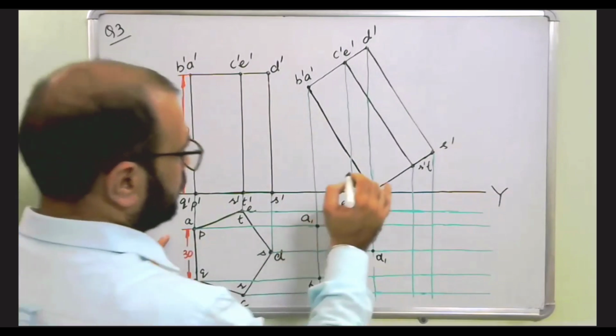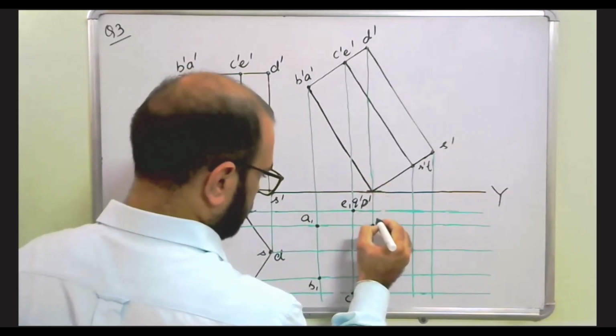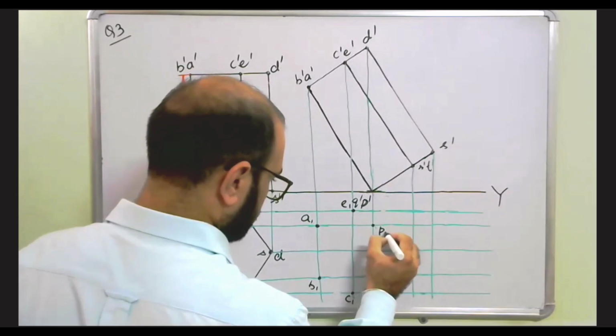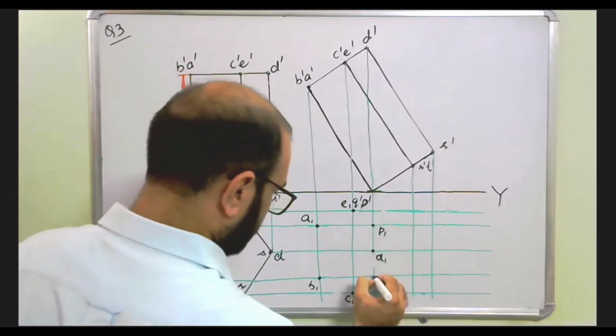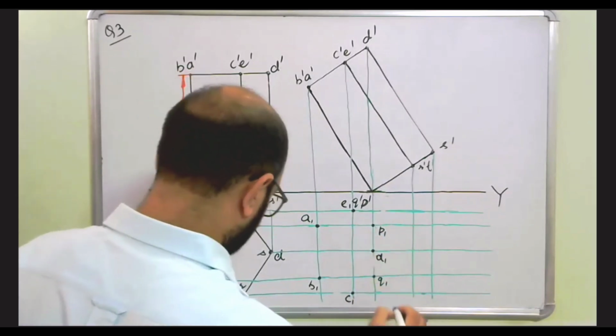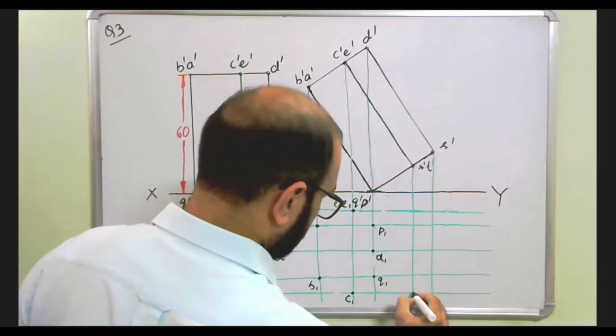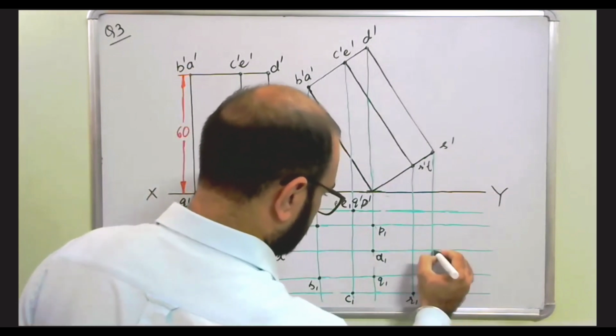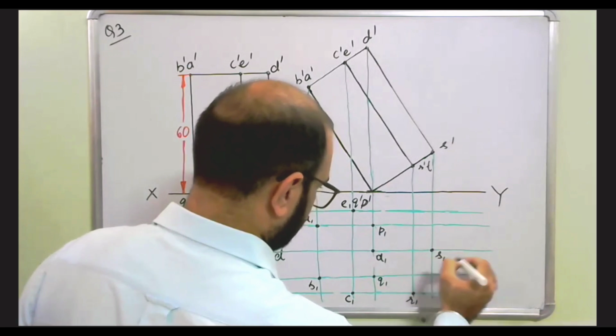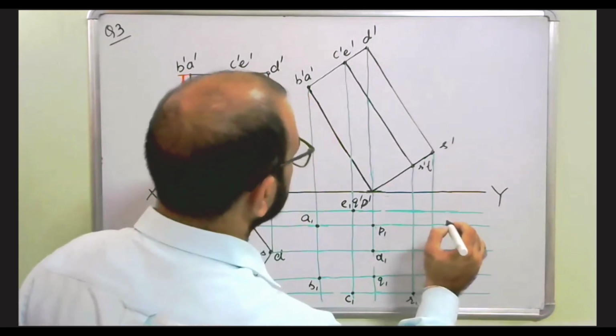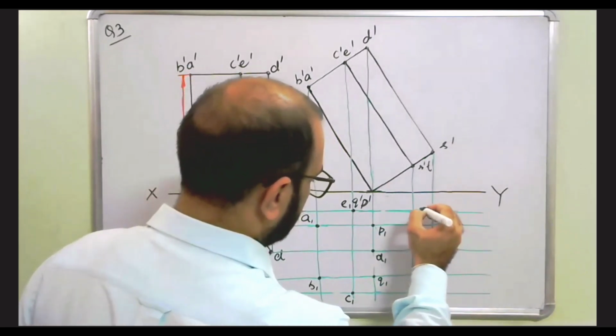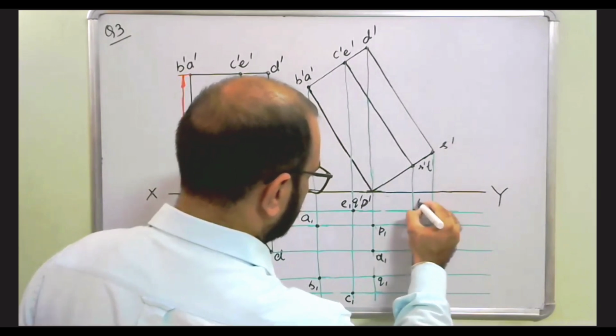Similarly, P with P, this will be P1, Q with Q, this will be Q1, R with R, this will be R1, S with S, this will be S1, and T with T, this will be T1.